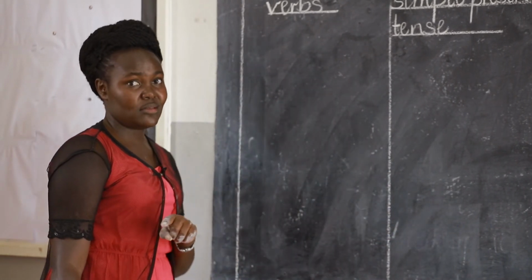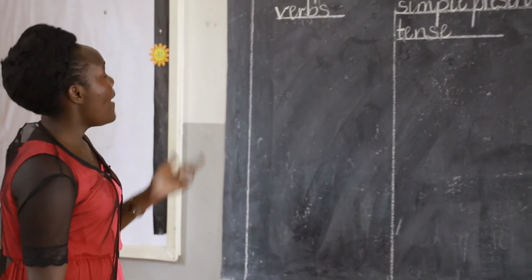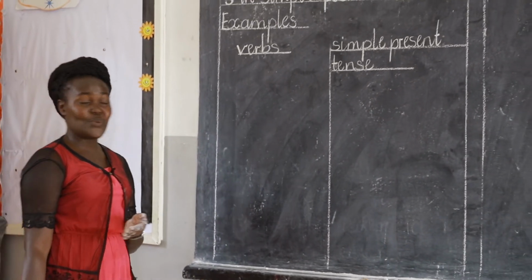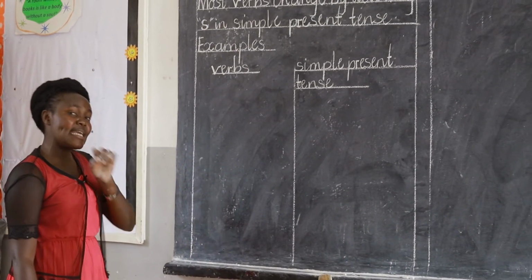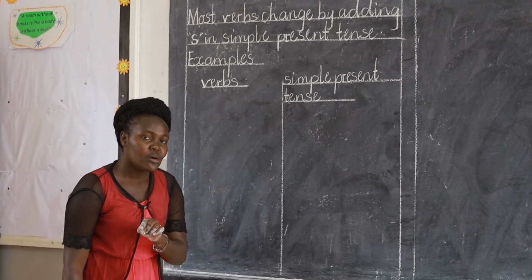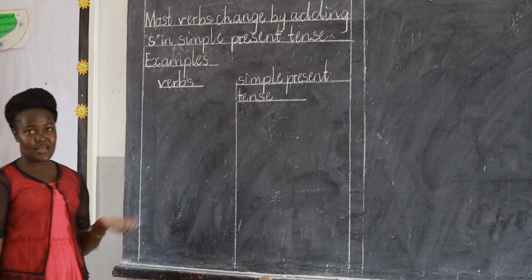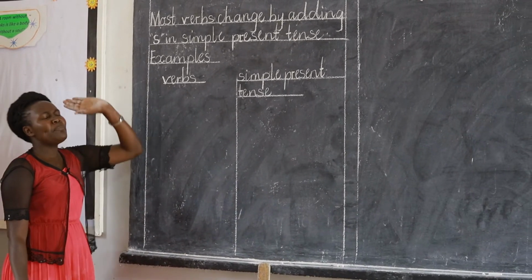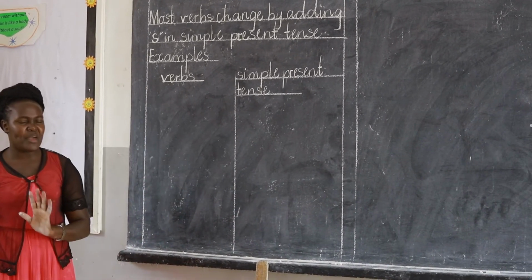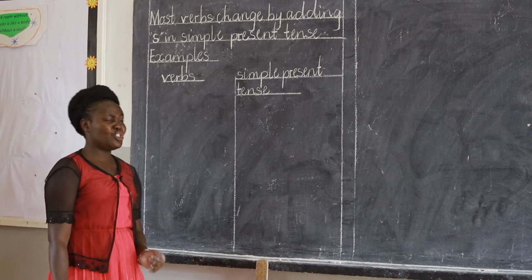But note this. Most verbs, those action words, change by adding s. Which letter? S in simple present tense. So you will find that most, or many of them, just add s to change.